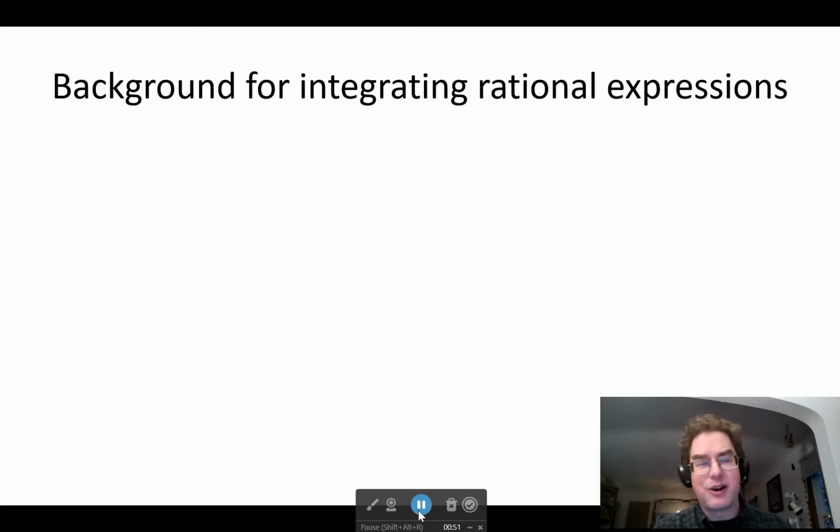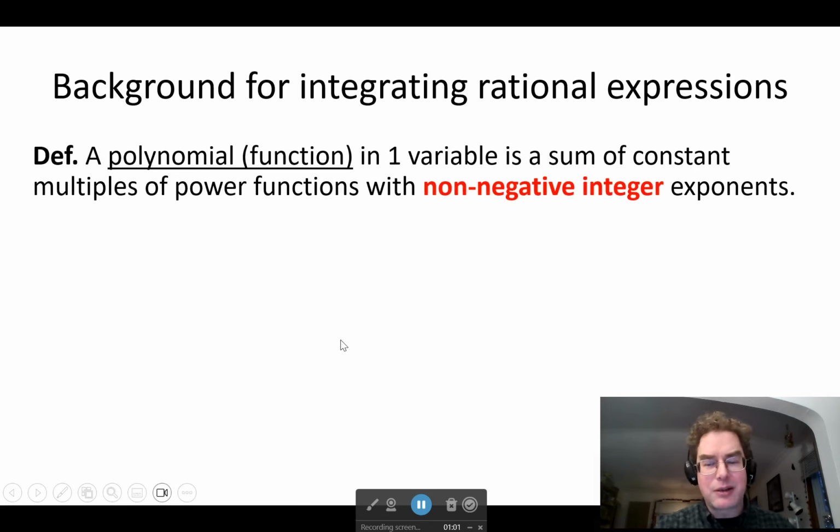to integrate rational functions. So first, some review just of the basic concepts that are involved here. First of all, in order to talk about rational functions, we must first know polynomials. And a polynomial or a polynomial function, well, let's stick with one variable here, as we tend to do in initial calculus.